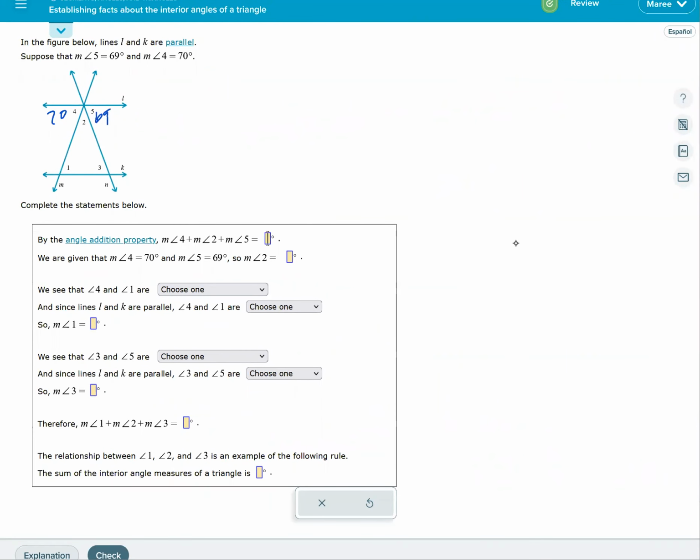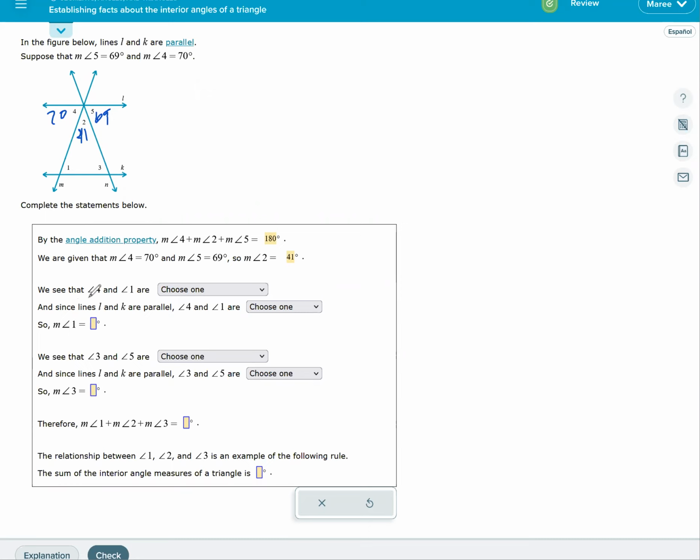The reason is that they form a straight angle when they are written next to each other. So we know 4 is 70, 5 is 69, and we can subtract those from 180. So angle 2 is 41 degrees. Let's write that in there, 41.